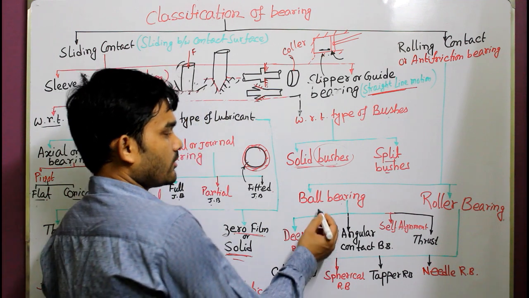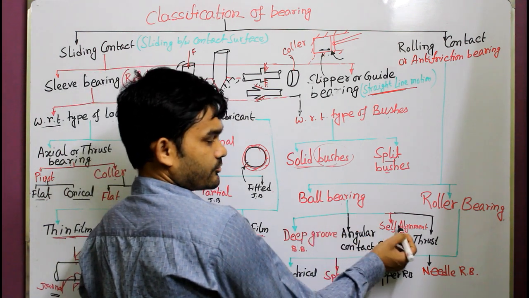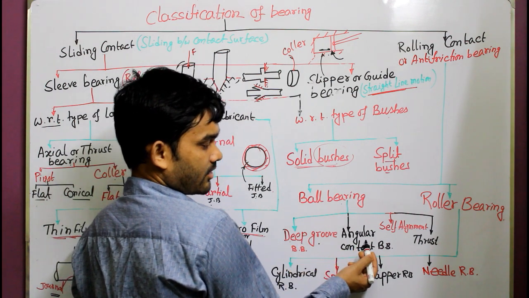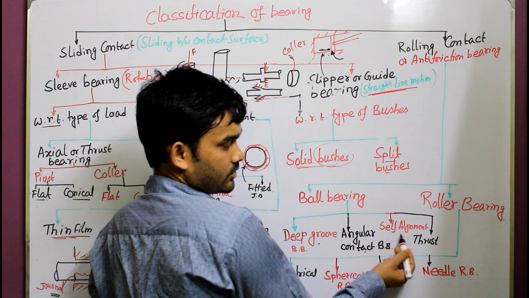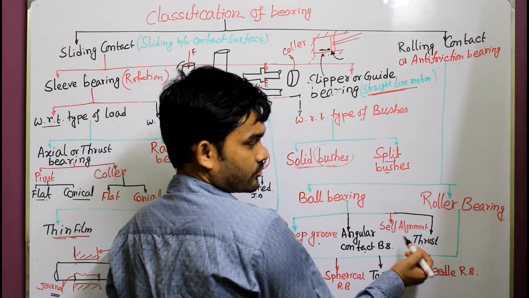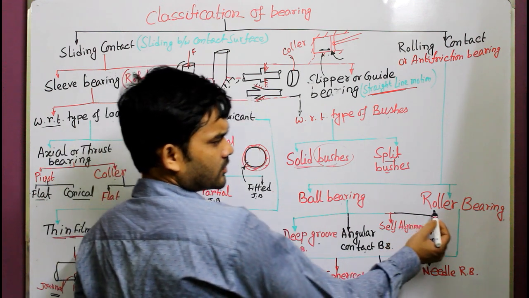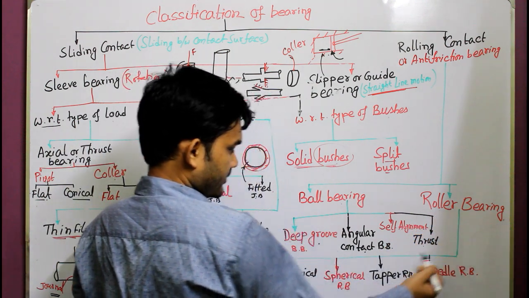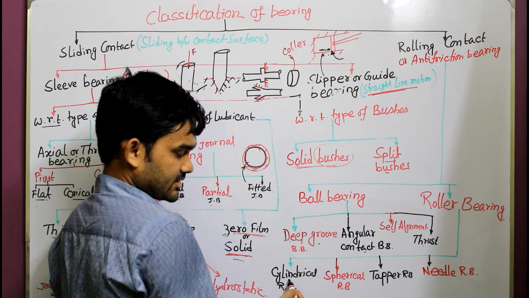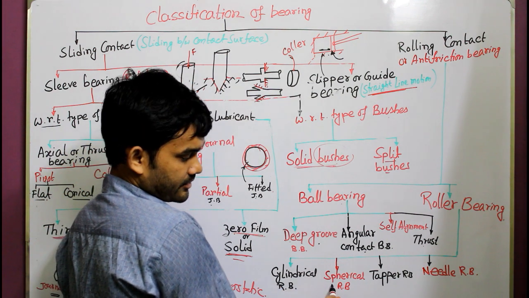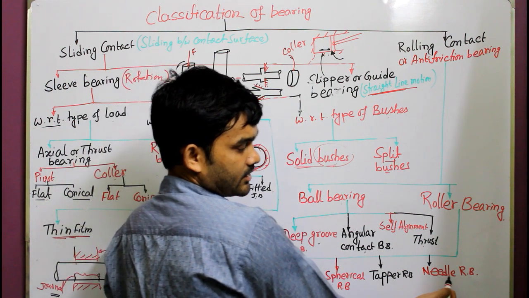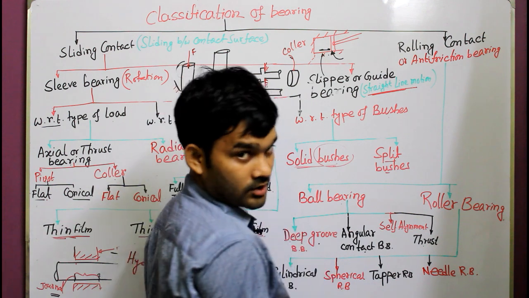The ball bearing is again classified into four types: deep groove ball bearing, angular contact ball bearing, self-aligning, and thrust ball bearing. Coming to the roller bearing, we have four types: cylindrical roller bearing, spherical roller bearing, taper roller bearing, and lastly needle roller bearing.